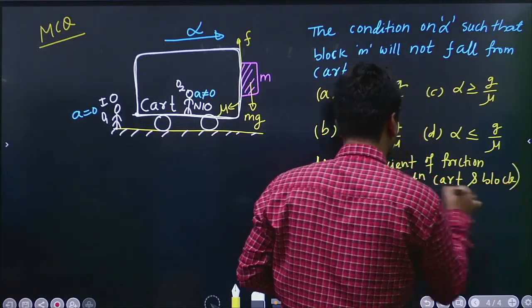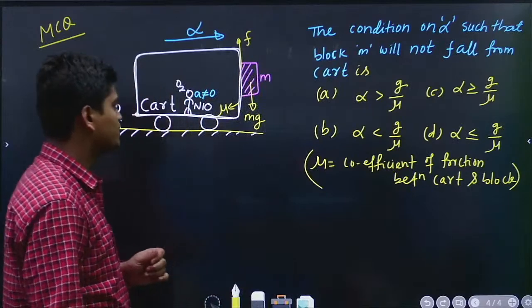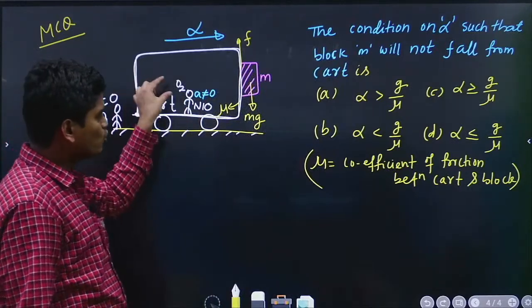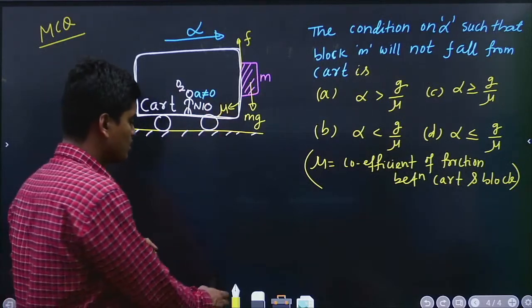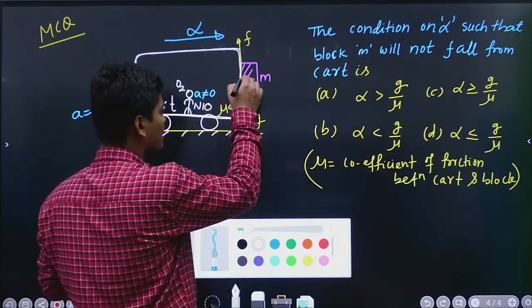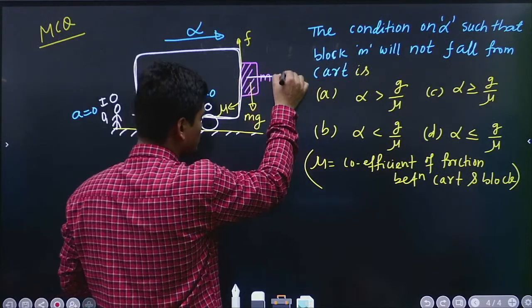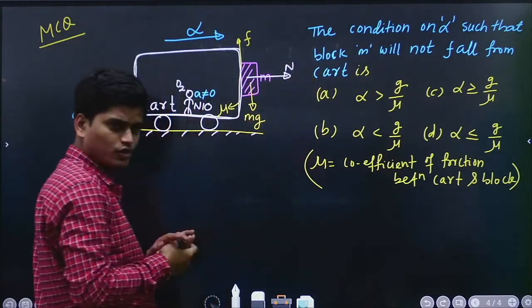So this is given. Now listen here. For O2, I told you to apply one pseudo force, and here the normal reaction due to the surface will come this way. This is okay, no worries.